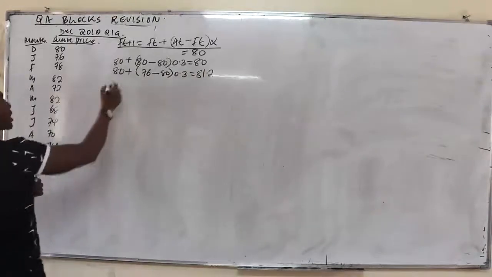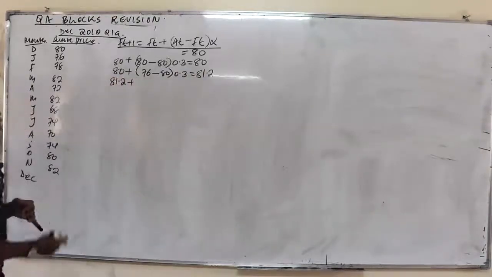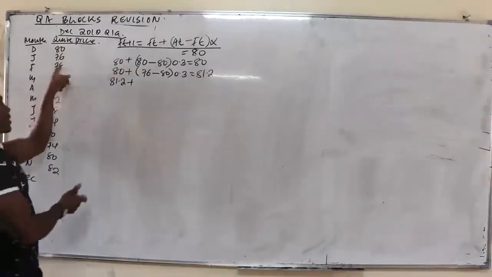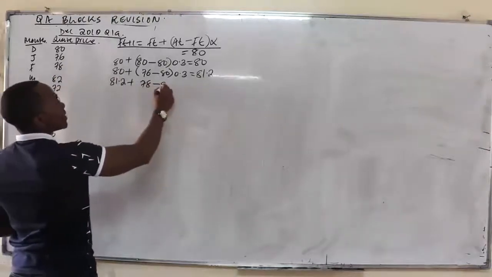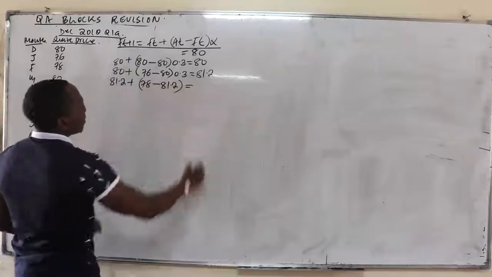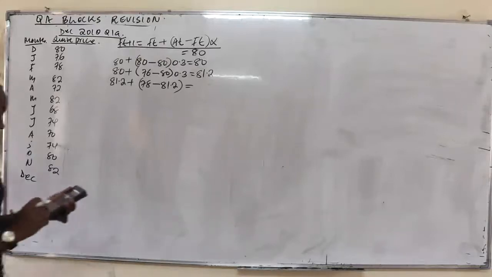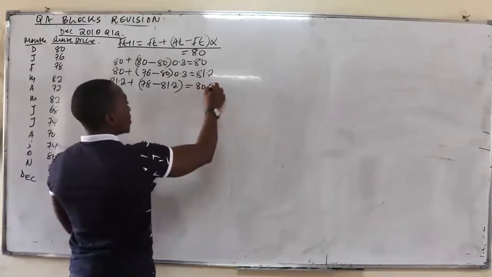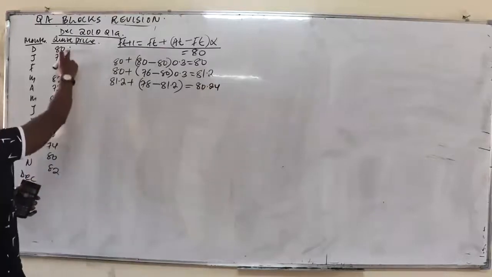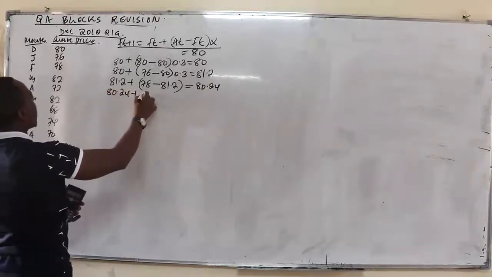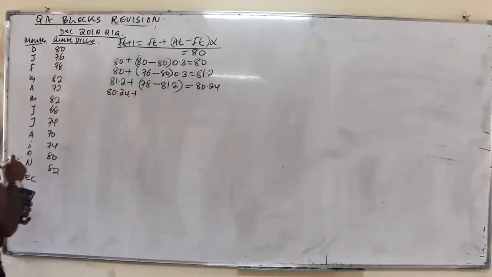Then for March, you'll take 81.2 and add the actual for the previous period, which was 78. So you take 78 minus 81.2, you get 3.2. So 3.2 times 0.3, and then 81.2 minus the answer, and you get 80.24. In April, you'll take 80.24 plus the actual for the previous period, 82.